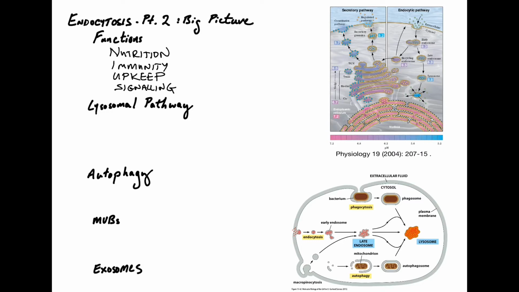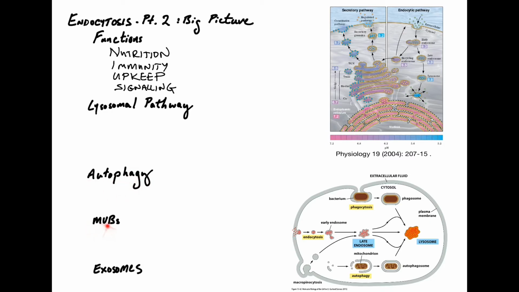Okay, so the way to break that down is, well, there's no logical way of doing it, but what I'll do is talk about the lysosomal pathway first, and that leads us into a side process that ends in the lysosome, but actually doesn't begin with endocytosis. That's autophagy.